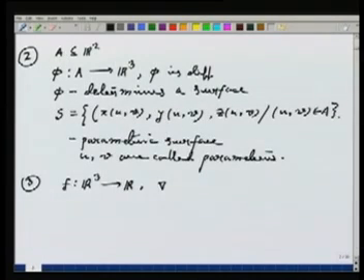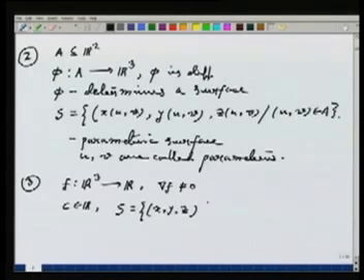The condition is that the gradient of f is not equal to 0 at all points. Okay. Then I fix a constant c in R and I look at this set S, that is all (x, y, z) such that f(x, y, z) equals c.